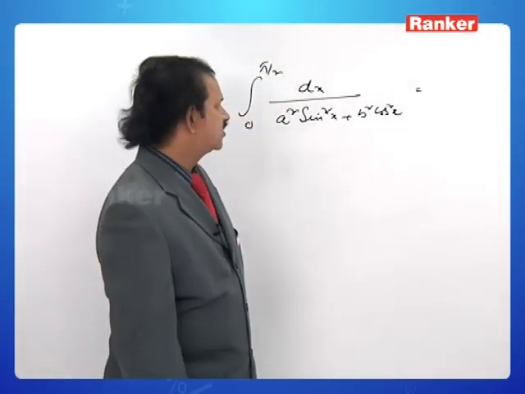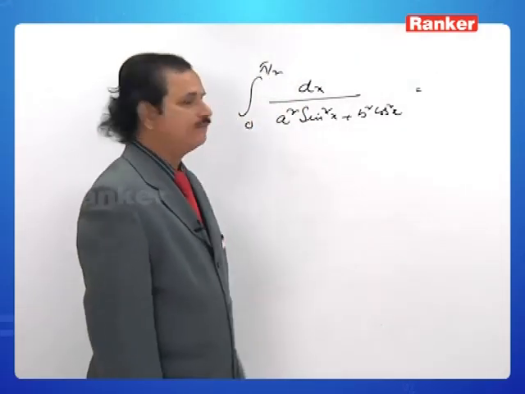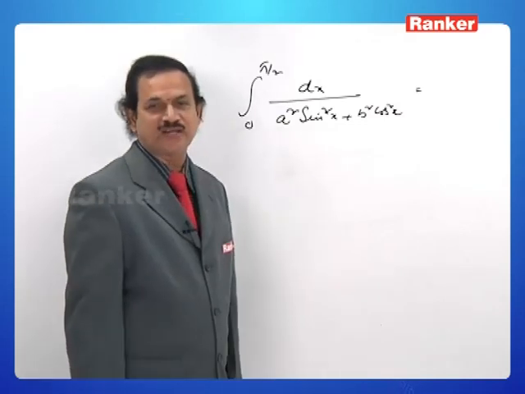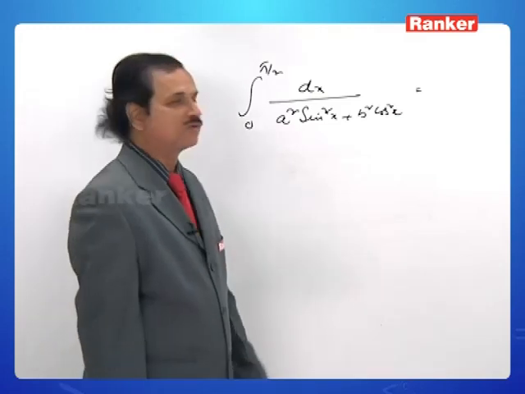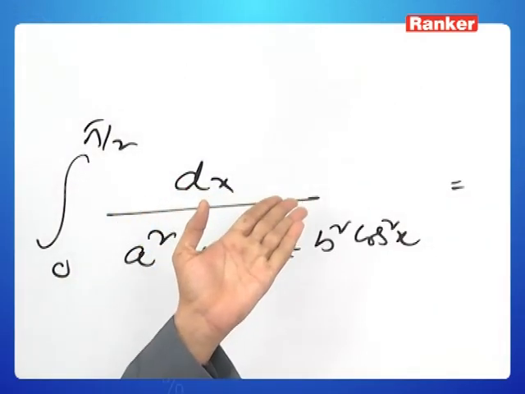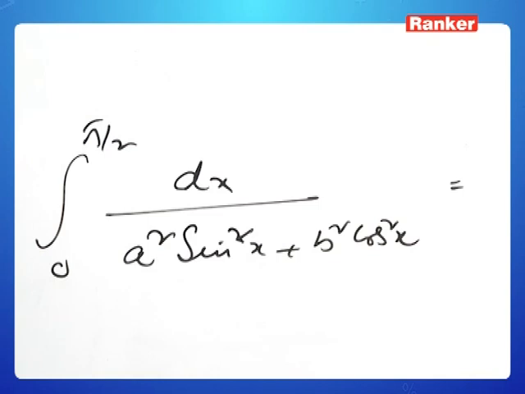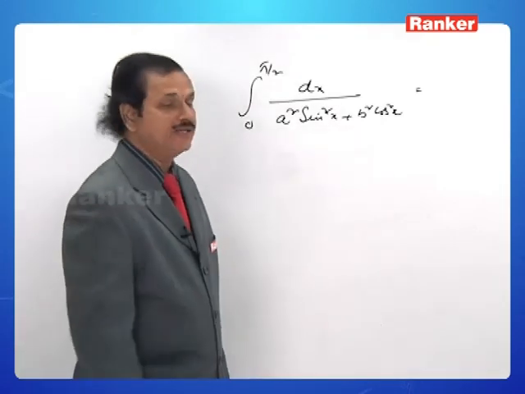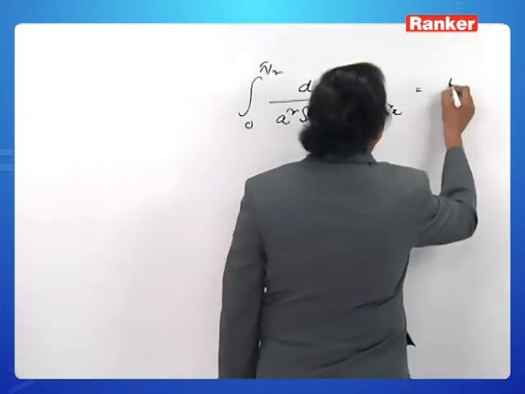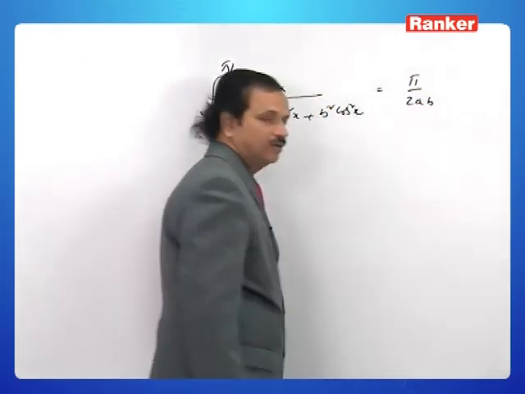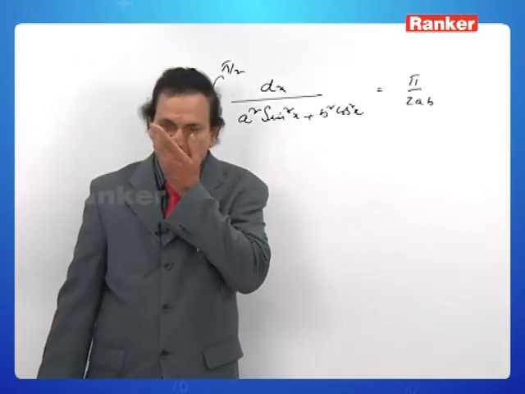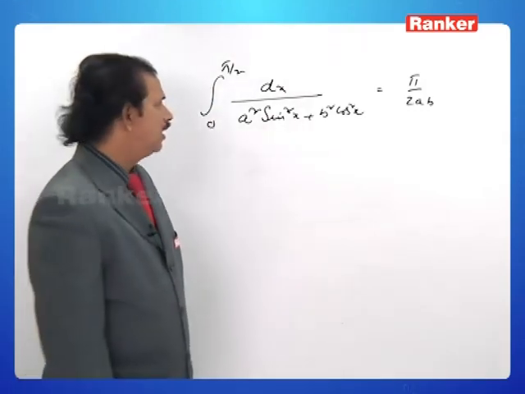It can be solved by dividing both numerator and denominator with cos square x, and by taking (a by b) tan x as t. You can simplify, of course, in the place of secant square x dx, we can have dt. If you simplify that, the answer will be pi by 2ab, one of the standard answers. It is pi by 2ab.